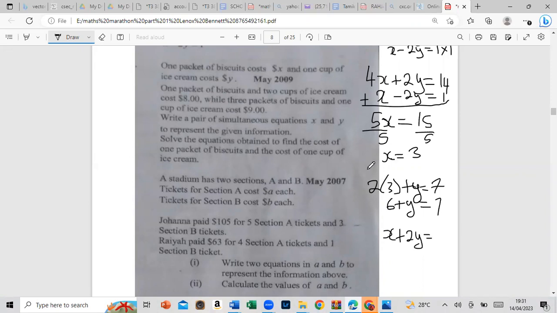And then they say 3 packets of biscuit and 1 cup of ice cream cost $9.